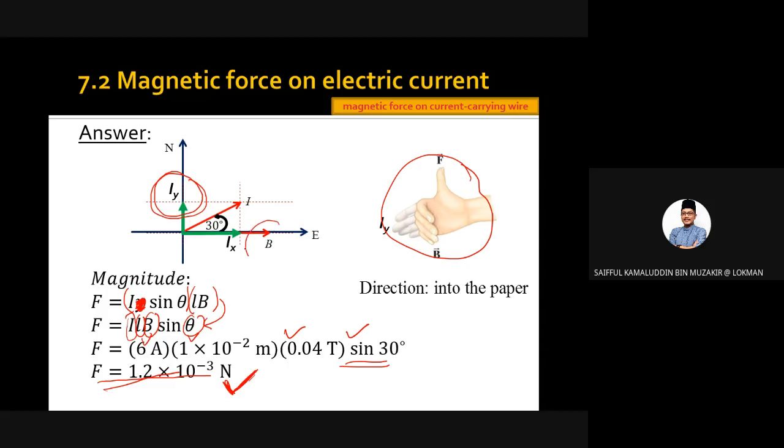Kamu punya ibu jari akan tunjuk menghala ke dalam muka surat ini. Dia akan masuk ke dalam. Masuk ke dalam maksudnya kita kena buat simbol X. Capital F, force akan masuk ke dalam.